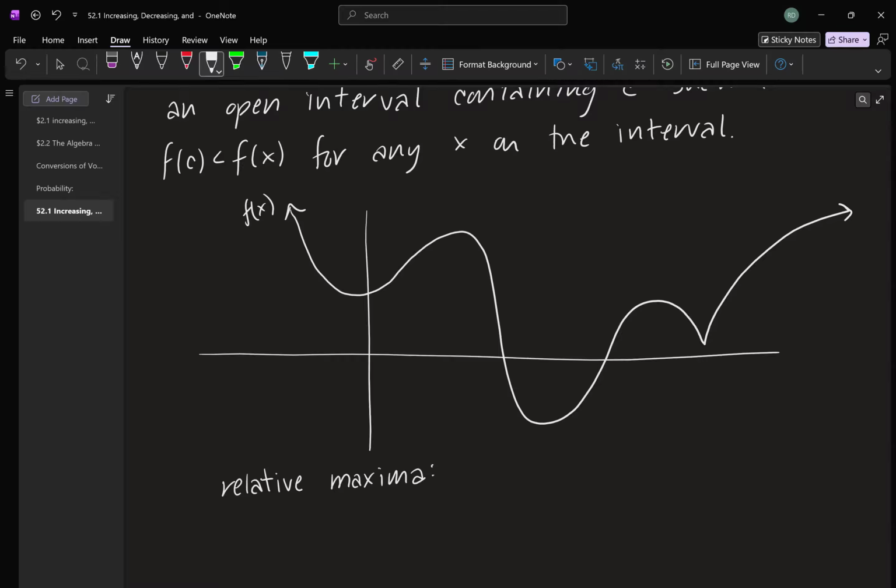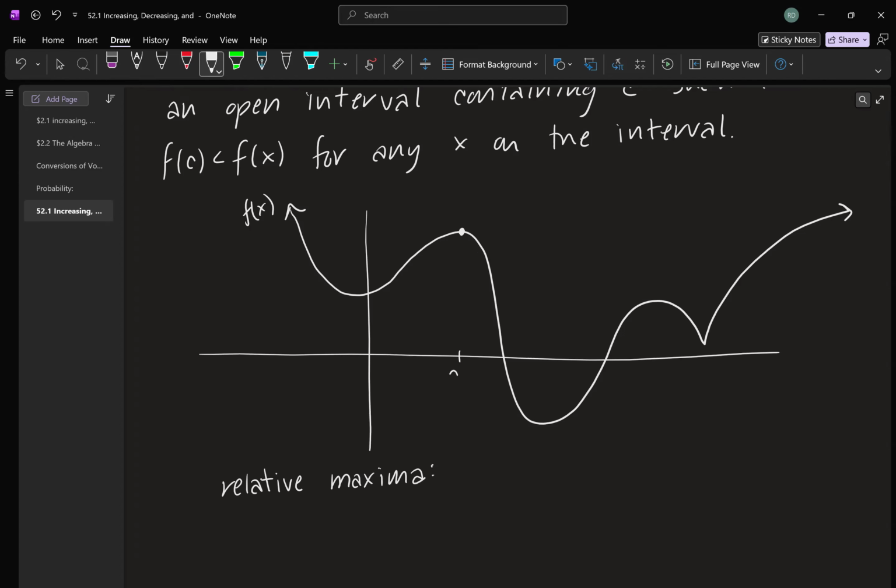It's any point where we can find a little area around that point, a little interval. So if I choose this point here, you'll see if I find a little interval, I put it in parentheses around that maximum there, and it is the tallest point in that little interval. So we don't care that it's the tallest point on the entire graph. We just care that it's the tallest point in its little area.